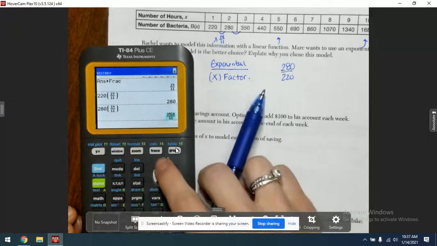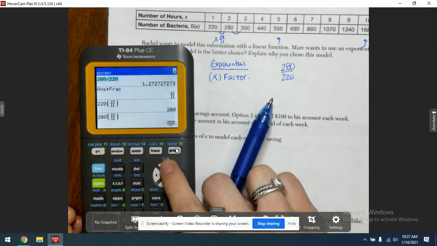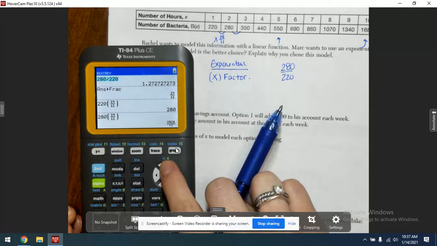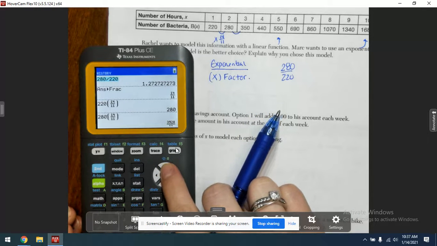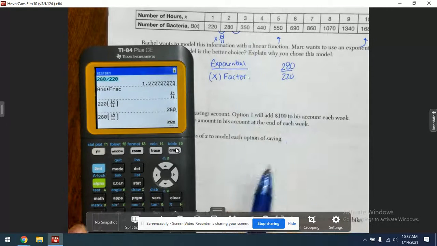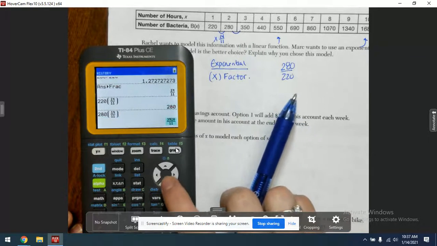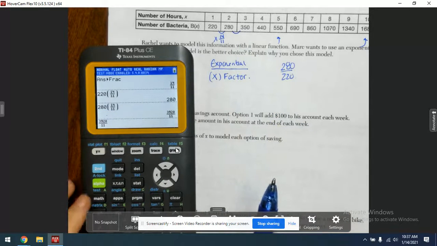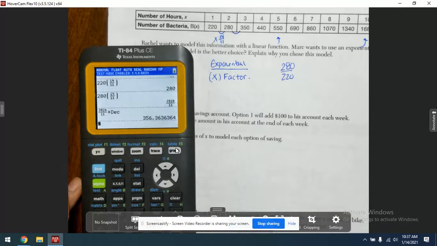So what did I do wrong? Did I divide wrong up here? Because that could happen. 280 divided by 220. Could they have rounded? Yep, they probably were rounding.